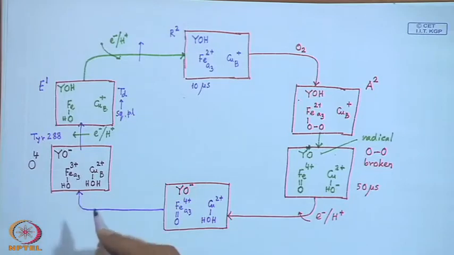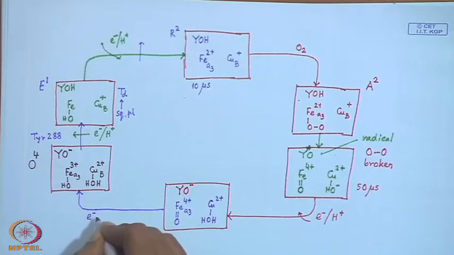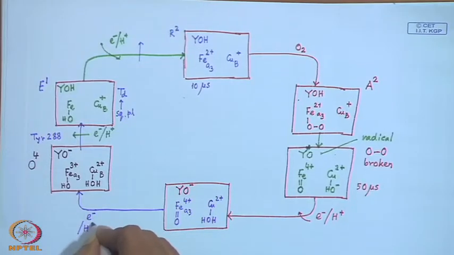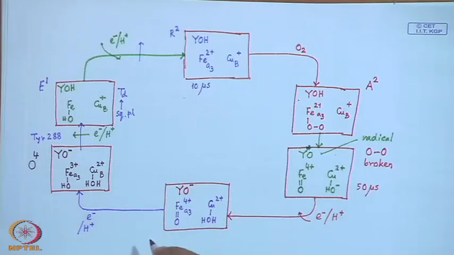How can we complete our cycle now? Because now we have to push again some electron as well as proton, and some extra proton is also pumped from there. And where are these electrons coming from?